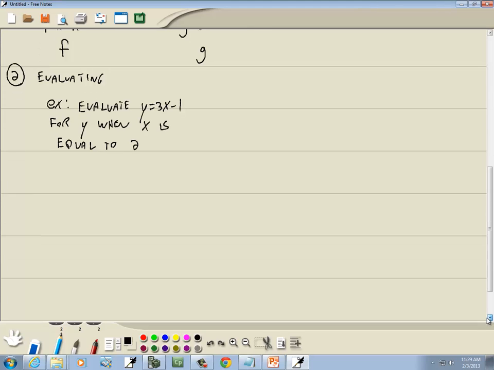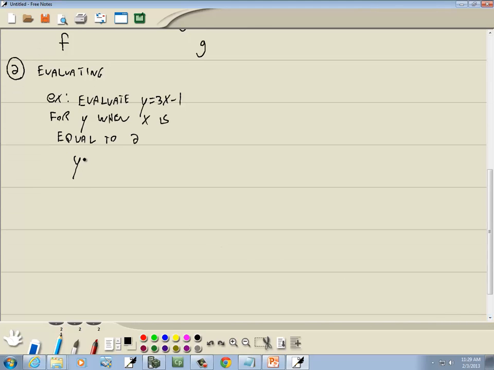Now if you remember how you'd solve these, you'd go through, and where your x was, you put in parentheses. Everything else remained exactly the same. And then we plug in the value they're telling us, which is 2. That gives us 6 minus 1, which gives us 5.